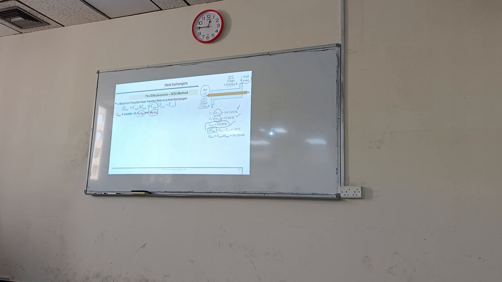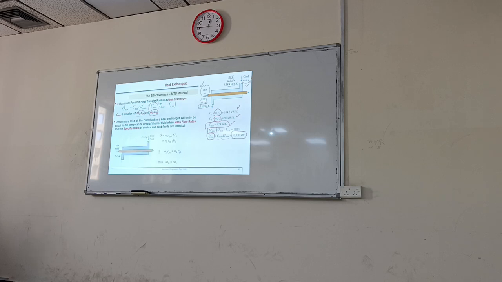Here is the delta T maximum, THI minus TCI. So I can find out what is the maximum possible, C minimum multiplied by delta T. That is the maximum possible heat transfer in this heat exchanger if it has infinite area or very large area. Okay, so this concept is clear.